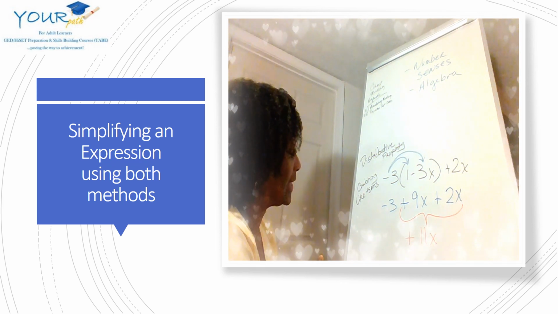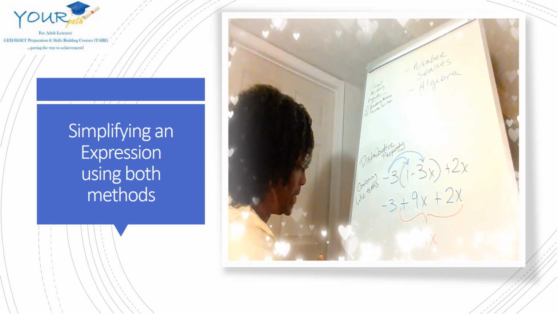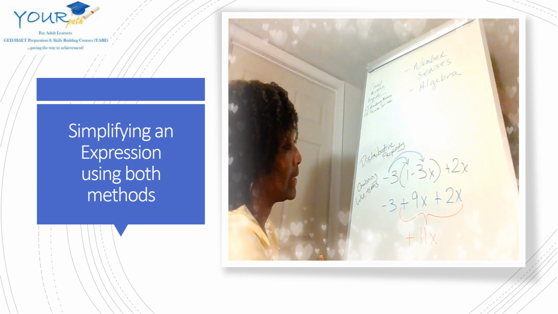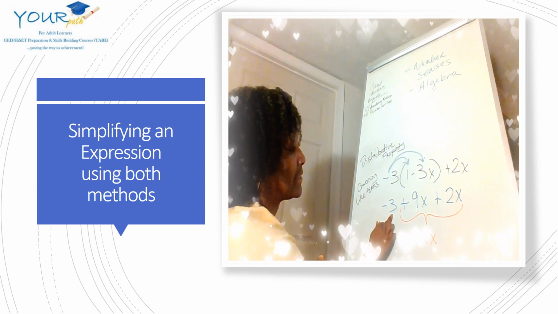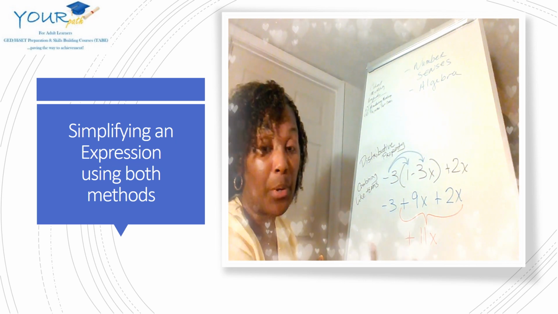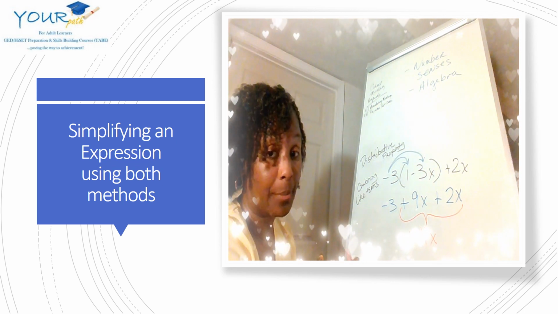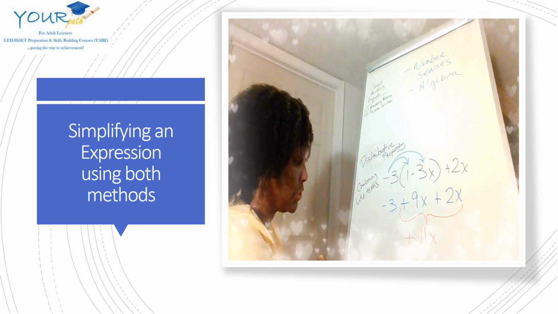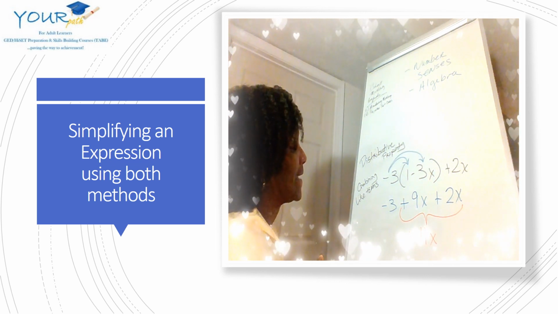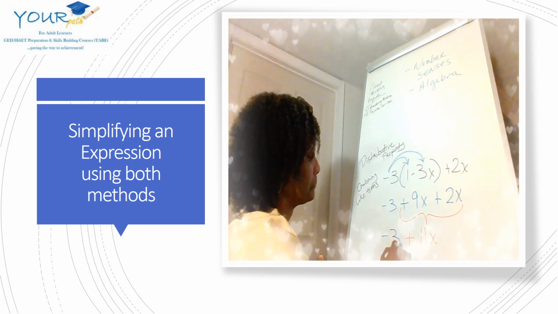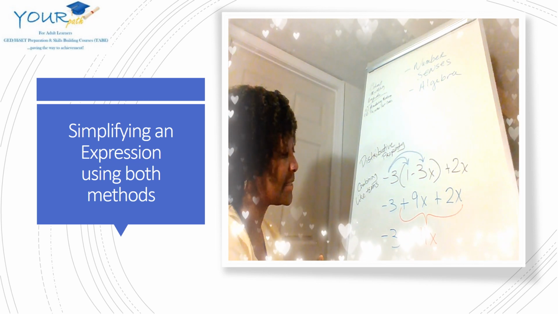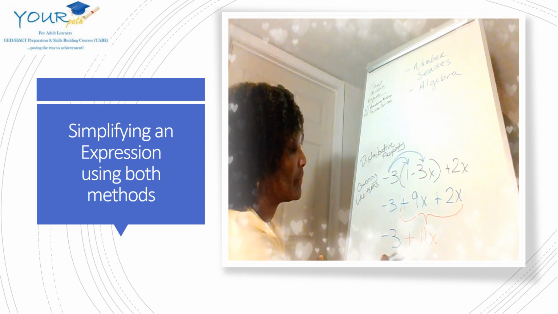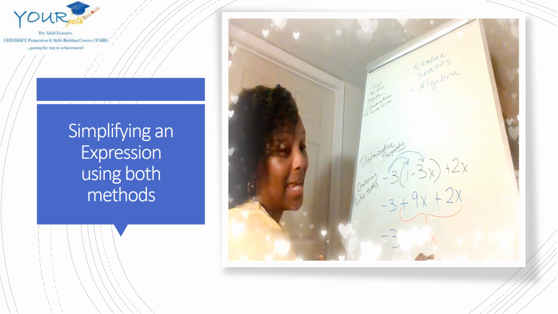We don't have anything in terms of like terms for our negative 3 because we don't have another number up here without a variable. So we're just going to bring down our negative 3. So here, this expression reads negative 3 plus 11x.